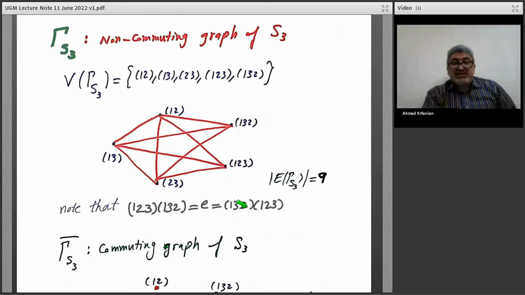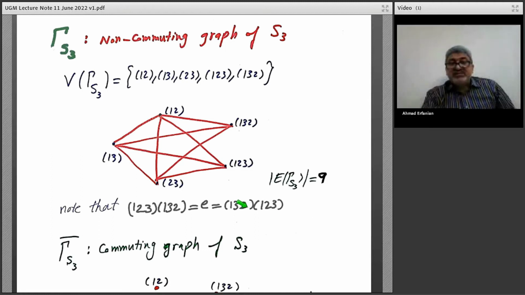you can see that (1 3 2) is the inverse of (1 2 3). So (1 2 3) times (1 3 2) is the identity, and you know it's equal to (1 3 2) times (1 2 3). So (1 2 3) and (1 3 2) commute.